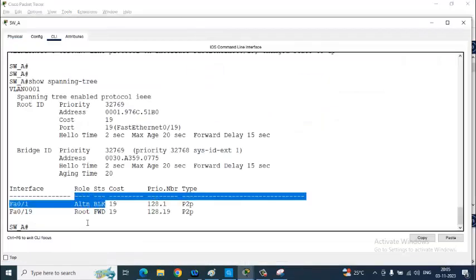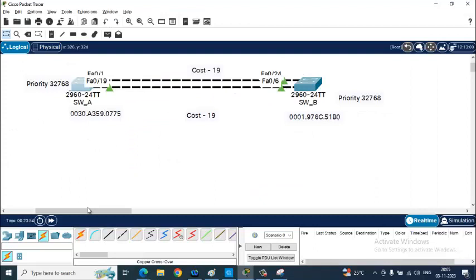Sir, one more. Okay, I will summarize. Can we go back to the picture? Let me summarize. We have the same cost links, and now we have to understand which port will be blocked. Earlier we chose based on the STP cost. Now we have to choose based on the port cost.